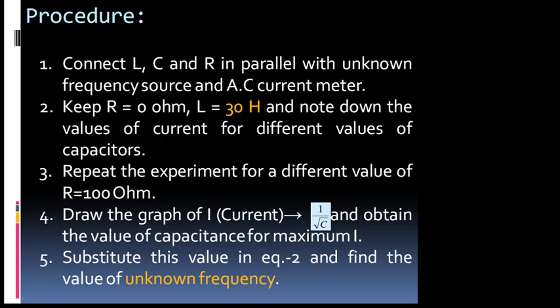Okay, now the procedural part. Connect the LCR circuit in parallel with the unknown frequency of the AC supply.